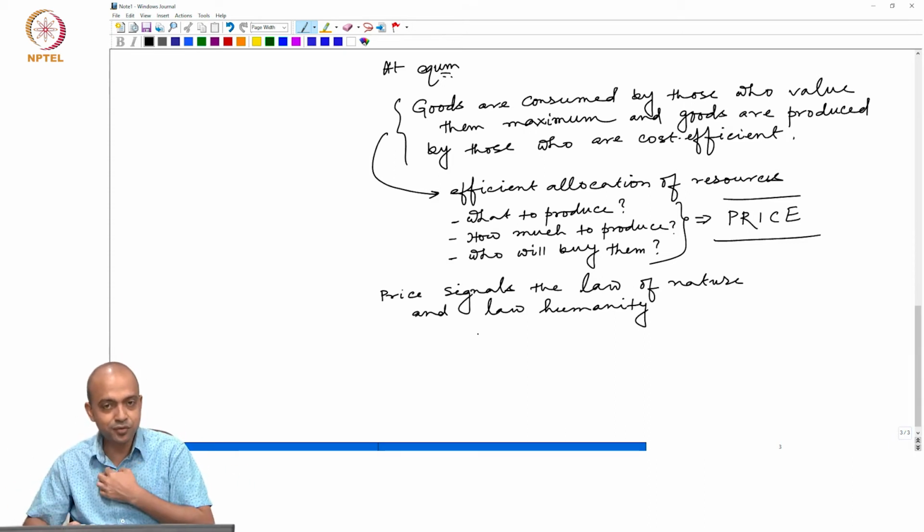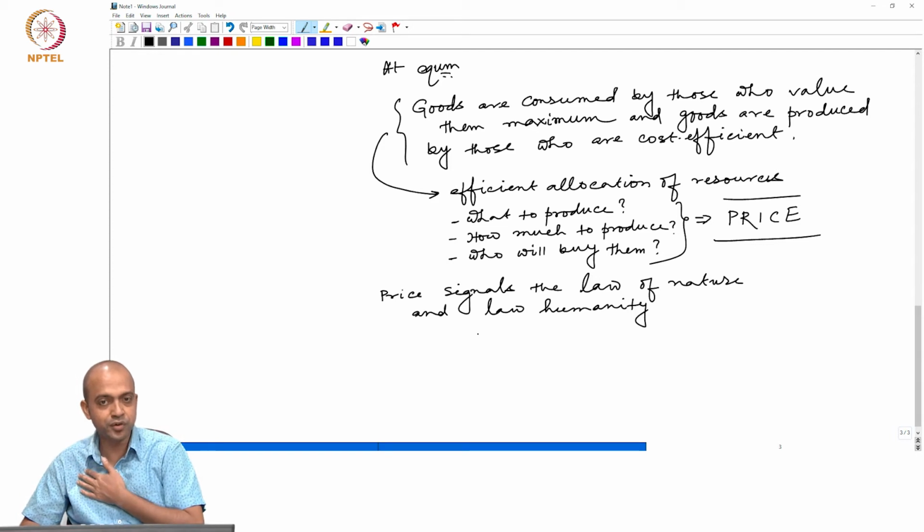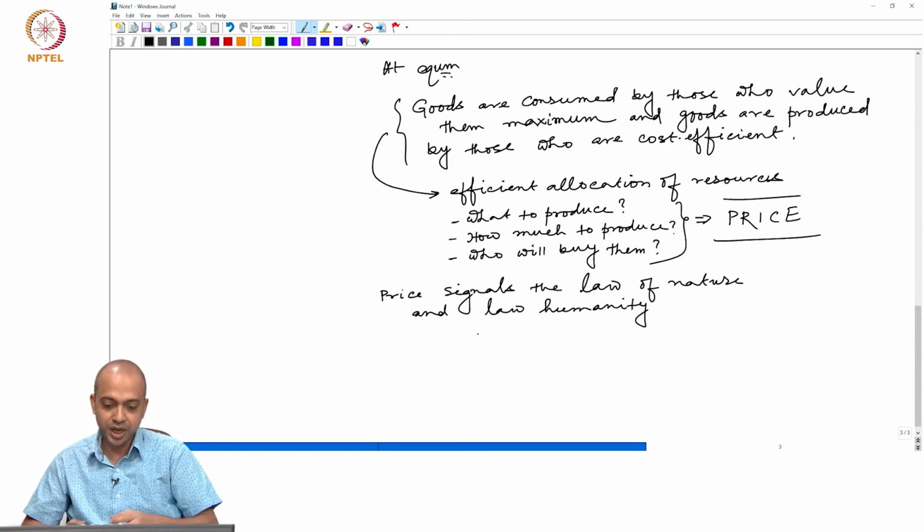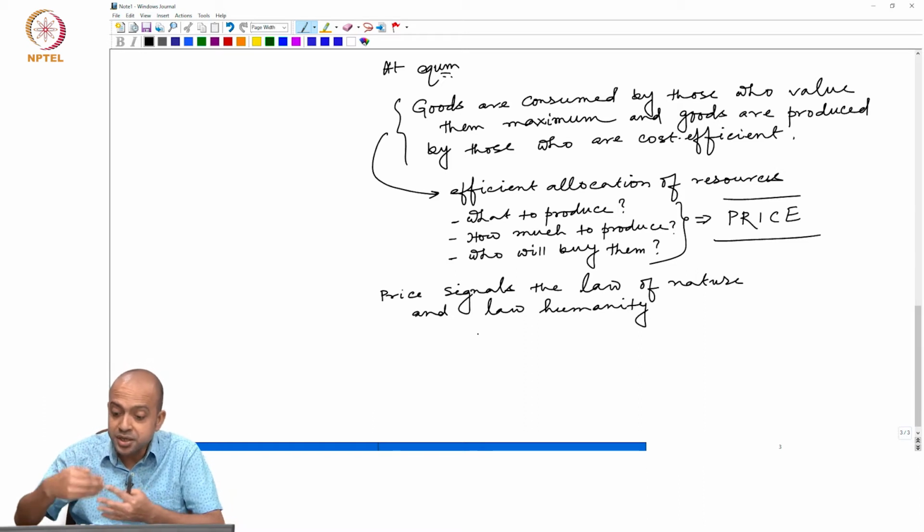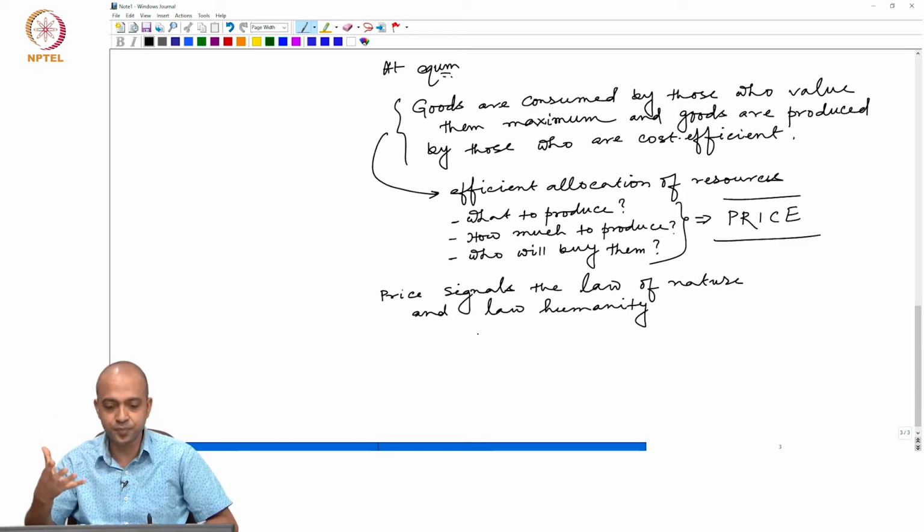If there is a demand for shirt, then the market will decide that at this point of time only shirts should be produced. How much? Because you cannot produce n number of shirts when the resource required for the shirt in terms of cotton and labor is limited. That is why price actually signals the law of nature.